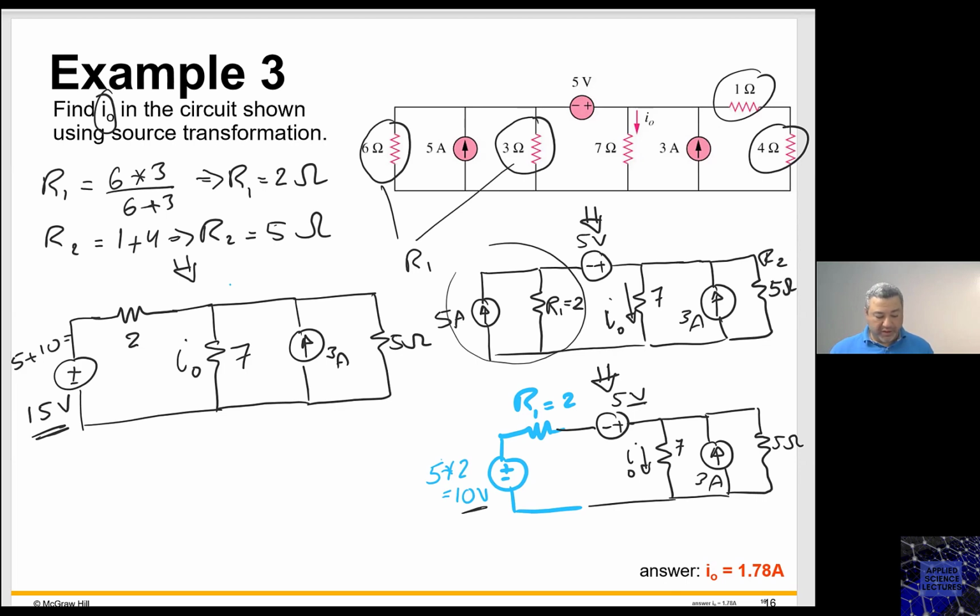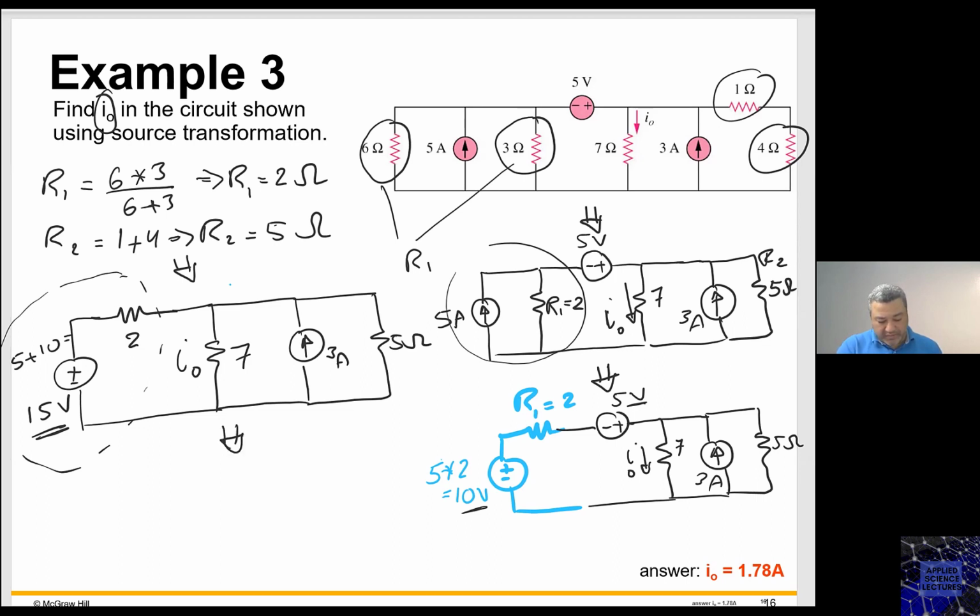Now look what I'm going to do. After I combine this voltage source, the 5 with the 10, and now I have a 15 volt. Now I will retransform this 2 ohm and the 15 volt into the current source. So in this case, those two, I'm bringing them back to current source.